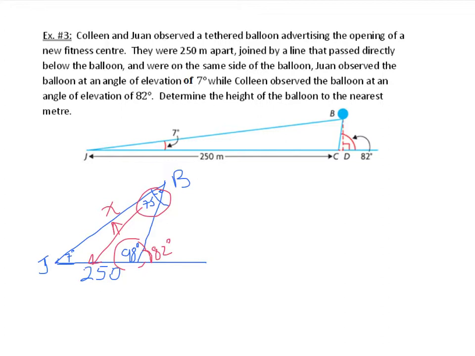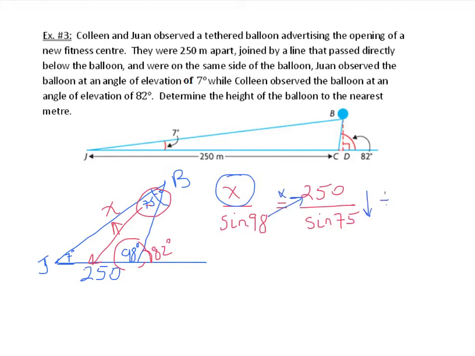So we have x over sine 98 equals 250 over sine 75. We're trying to solve for x here, so we're just going to cross multiply. So multiply there and divide by sine 75. So x equals sine 98 times 250 divided by sine 75. So go ahead and try that on your calculator, and you should get that x is equal to 256.3.